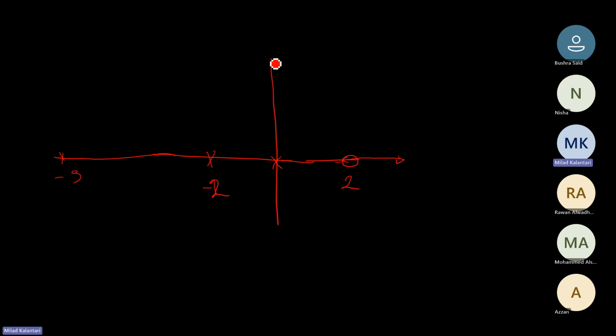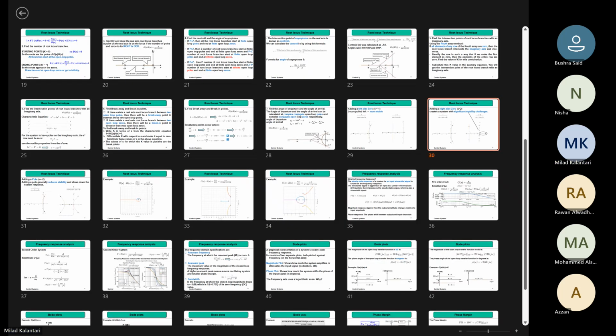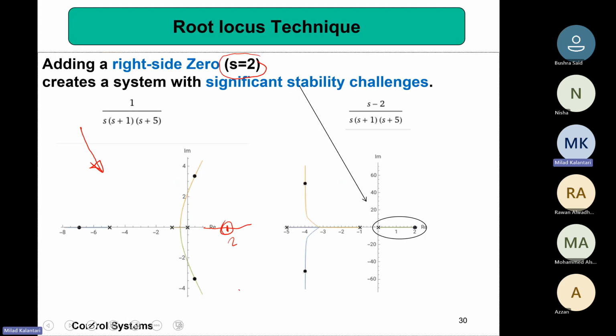So what is happening? Shifting the average, like changing the value of the average. Yeah, the value of the average changes, of course.